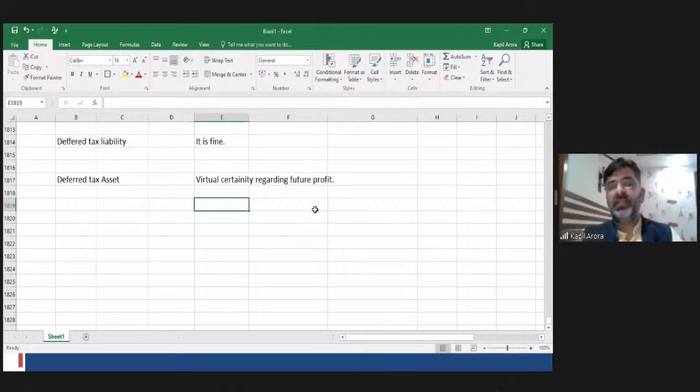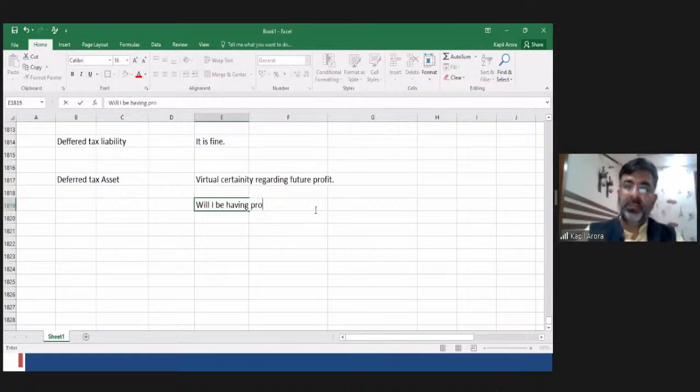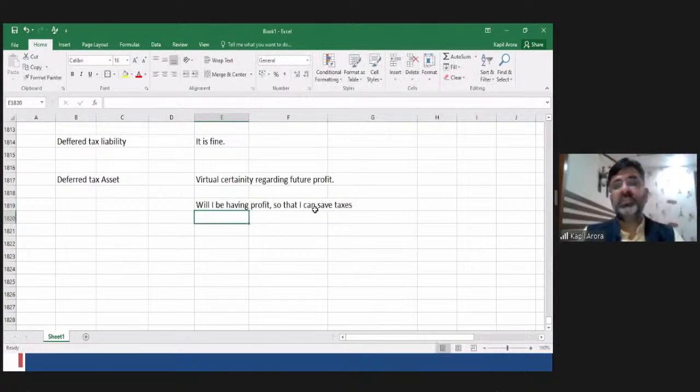When we are creating deferred tax asset, it means I will be saving tax in the future. That's what we are trying to say. Will I have profit so that I can save taxes? Now, to save taxes, I should have profit in the future.